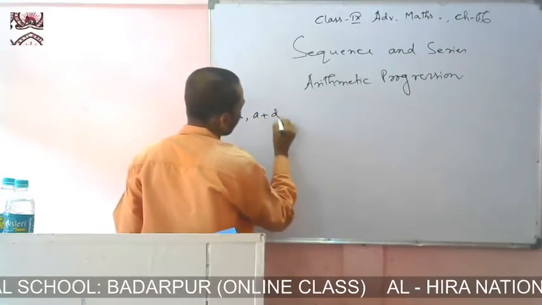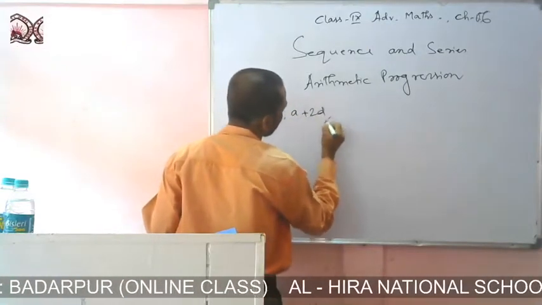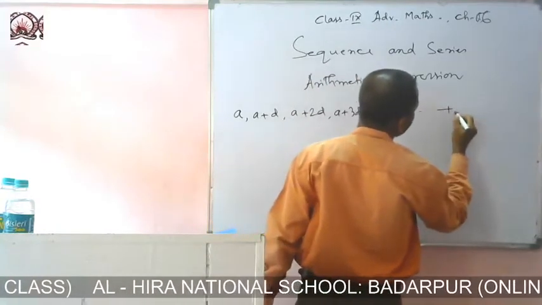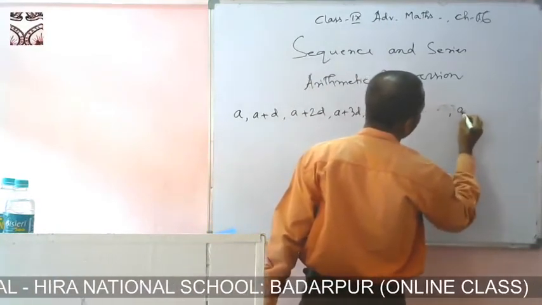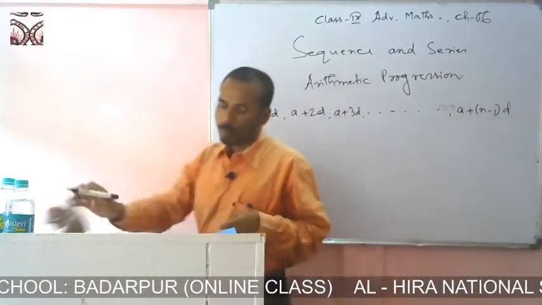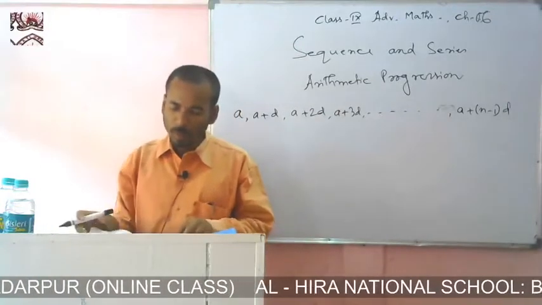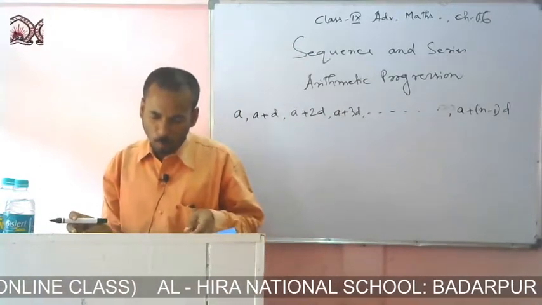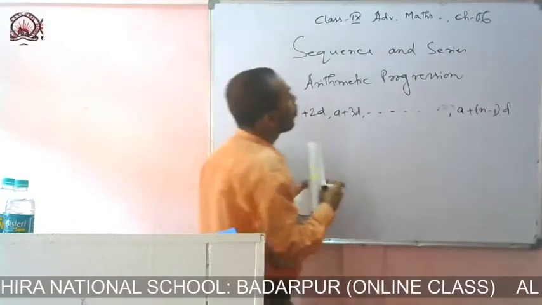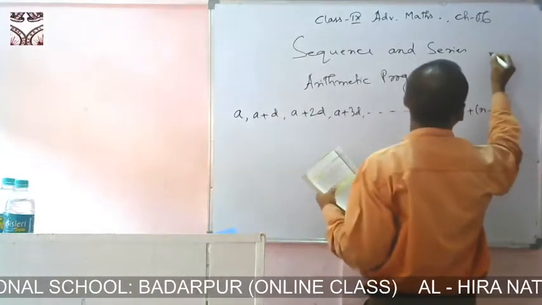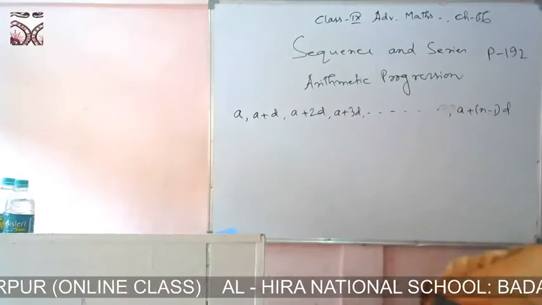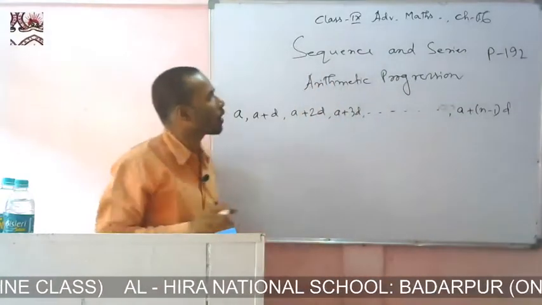a plus d, a plus twice d, a plus thrice d, dot dot dot, last term is a plus n minus 1 into d. So you see this one is on page number 192 of your book, you may see your textbook.